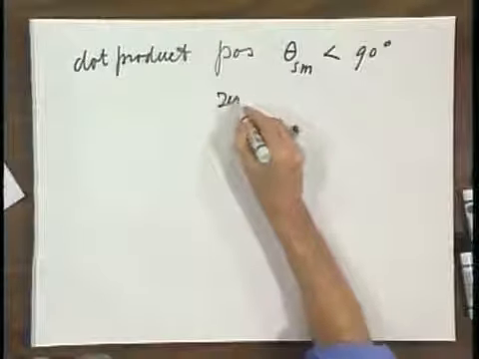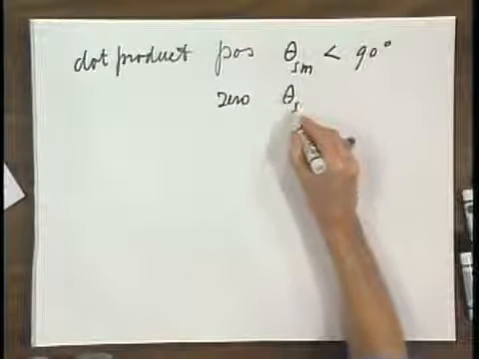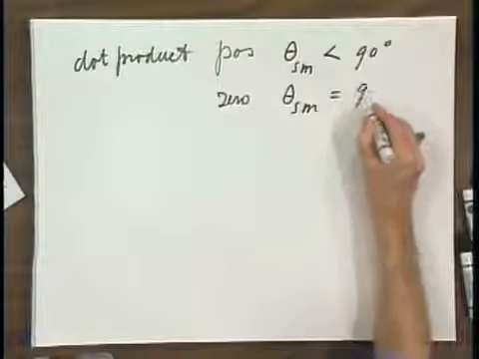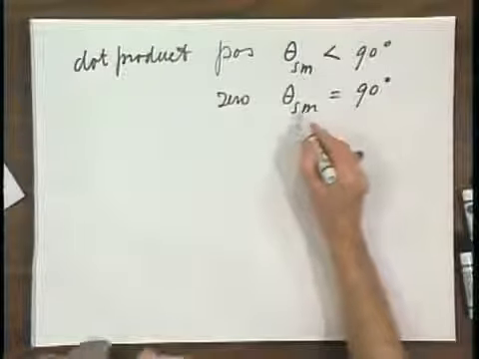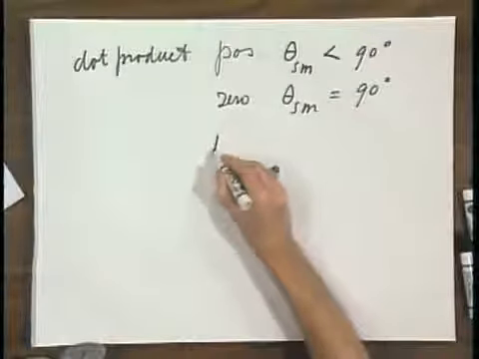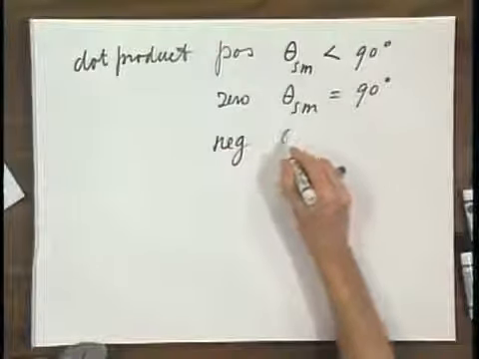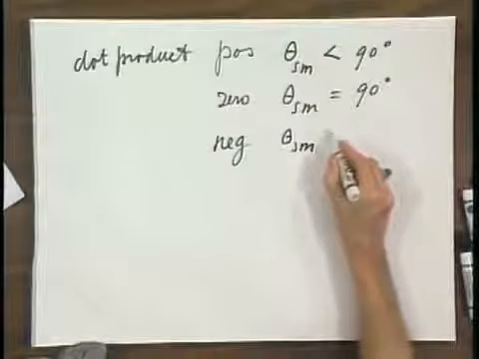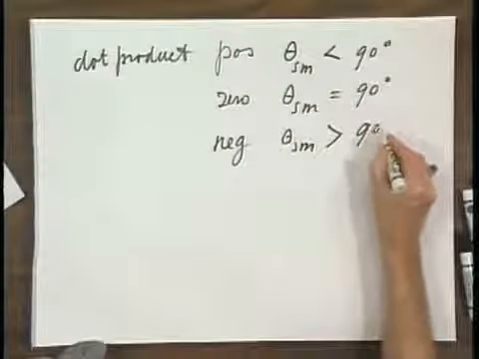It is 0 when the smallest angle of the two equals 90 degrees. The other angle then, of course, is 270 degrees, the sum always being 360, and the dot product is negative when the smallest angle of the two is larger than 90 degrees.